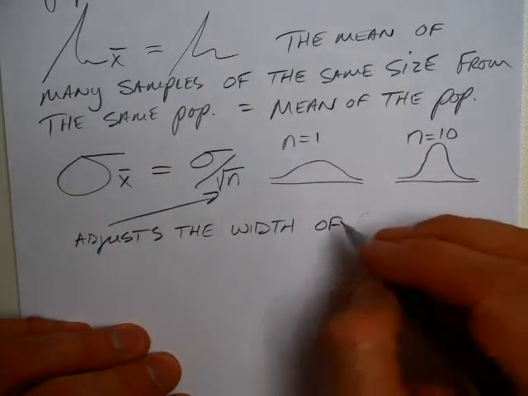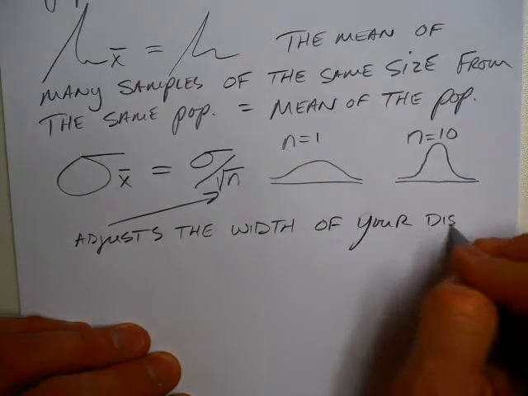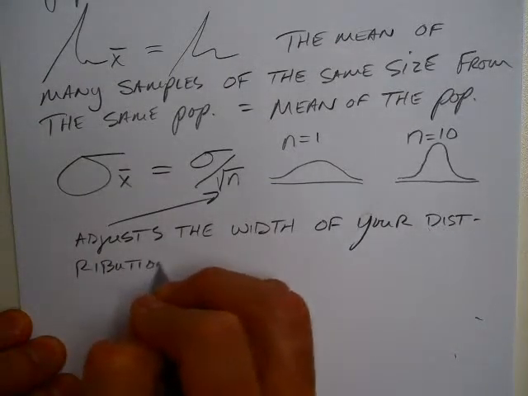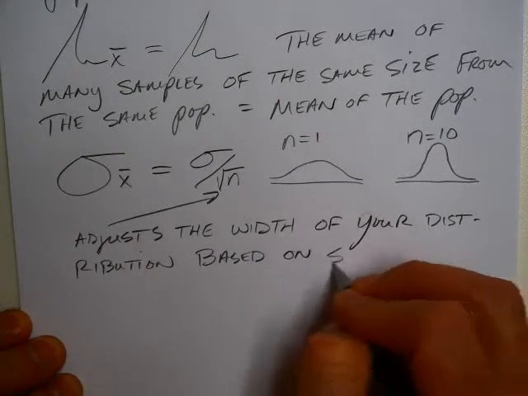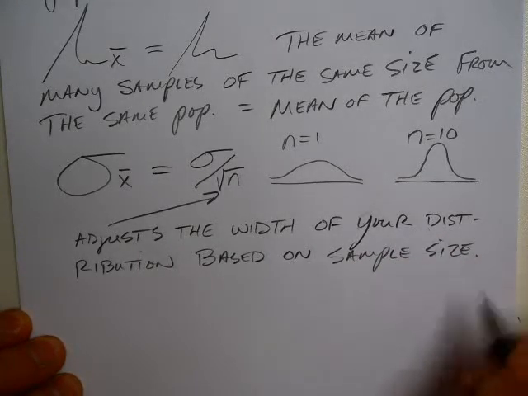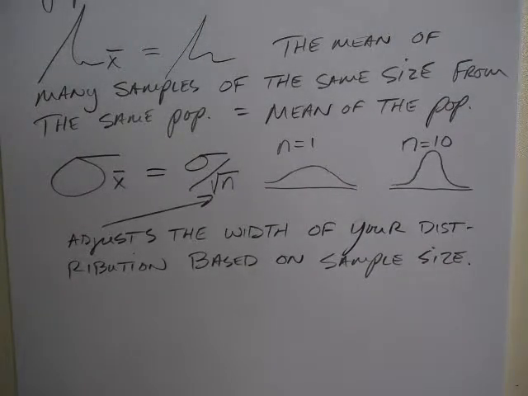It adjusts the width of your distribution based on sample size. And what this leads us to now is a new standardizing formula. Or maybe a slightly modified one is probably a better way of putting it. Not so new.